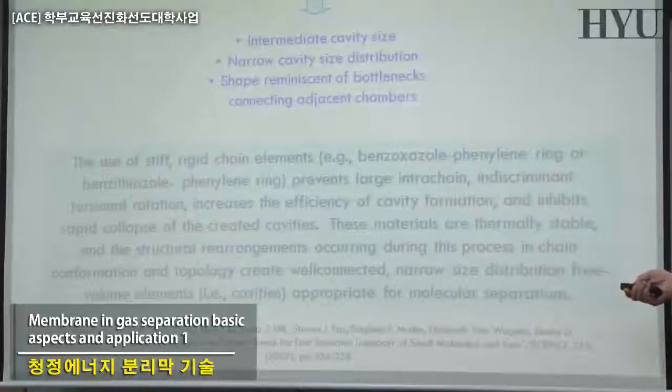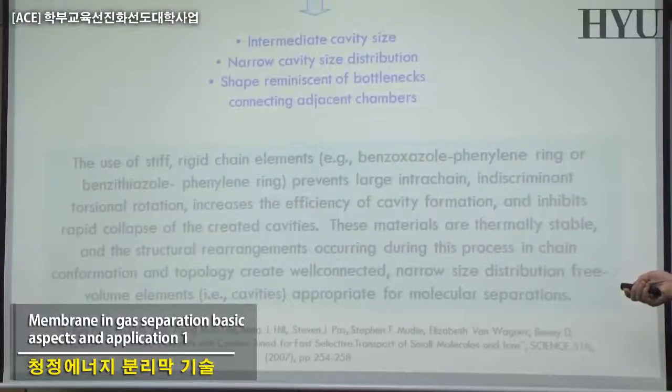It inhibits a rapid collapse of the cavity that you create in this way. And that is the most important part. These materials are stable with temperature, and basically this transformation that you can induce by thermal treatment up to 400 degrees centigrade is irreversible.